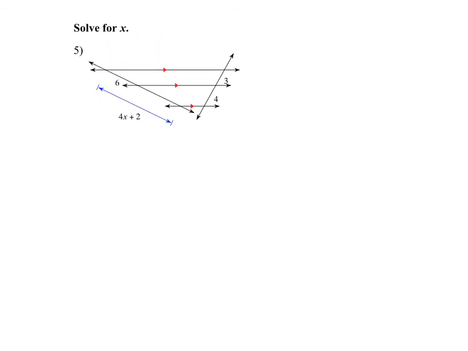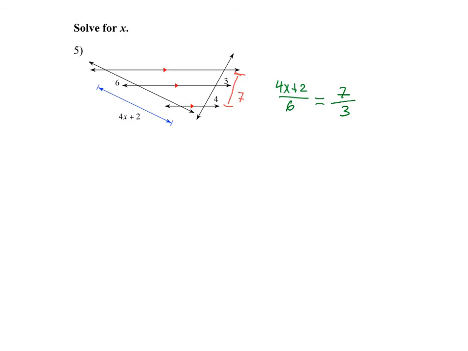The next one. I'm going to start again with the big side right here. So 4x plus 2 is to the small piece right here, 6, equals 7 over 3. Remember that this whole segment right here is 7.